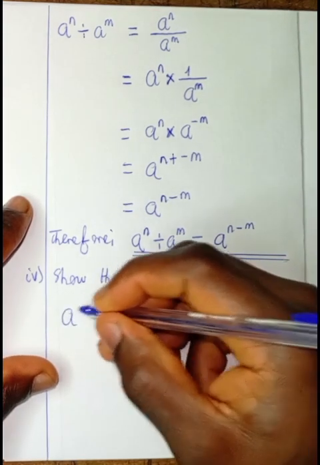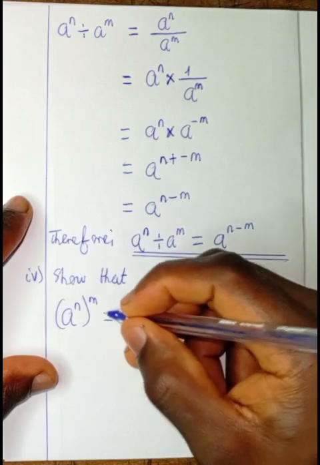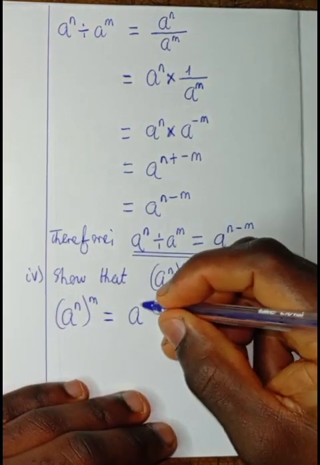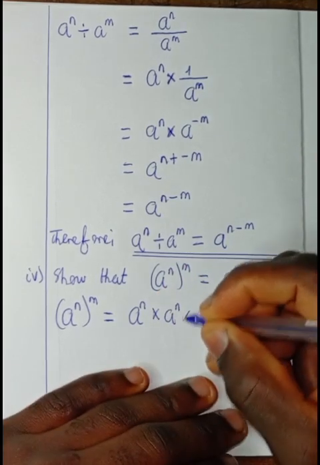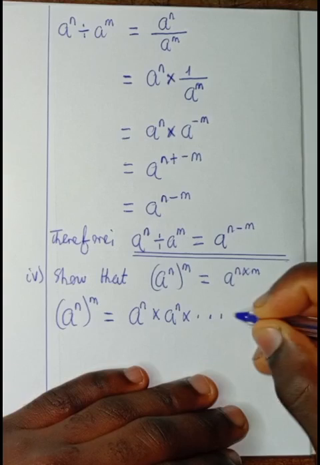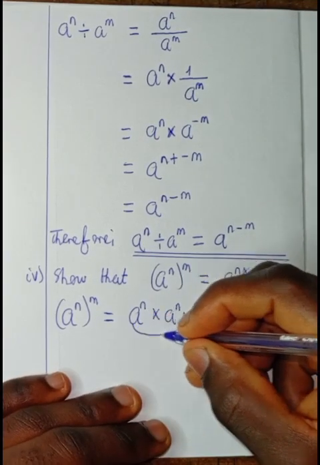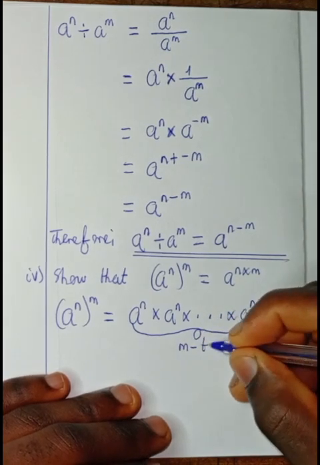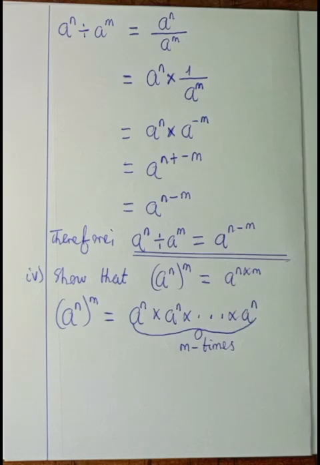If we take a raised to the power n, all this raised to the power m, we know this will simply be equal to a raised to the power n times a raised to the power n times 3 dots times a raised to the power n, m times, which means you multiply a raised to the power n by itself m times.